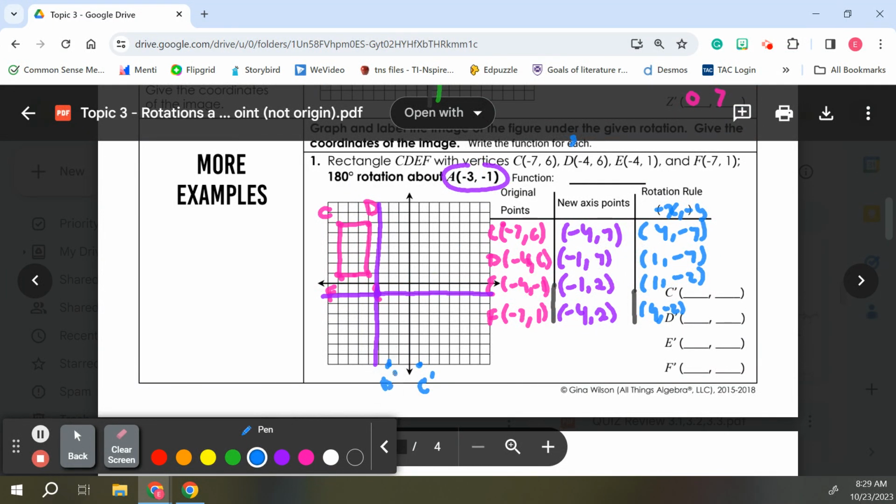Here's D prime. Here is E prime. And F prime. Okay. Now find the original points and see what you get.